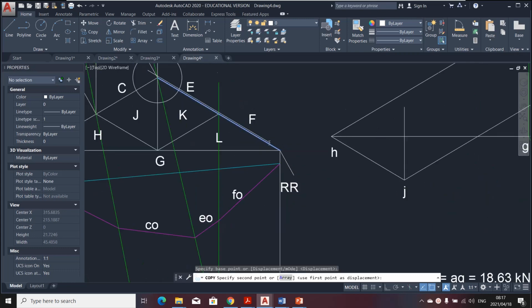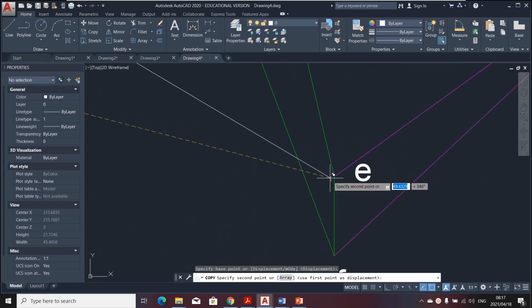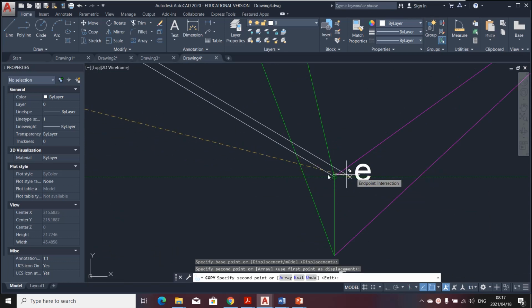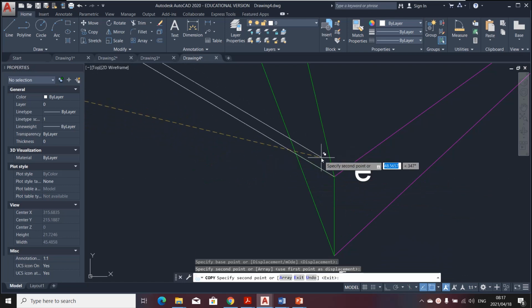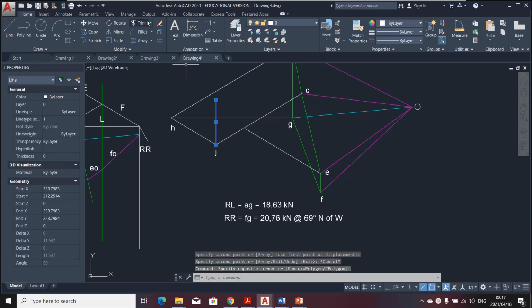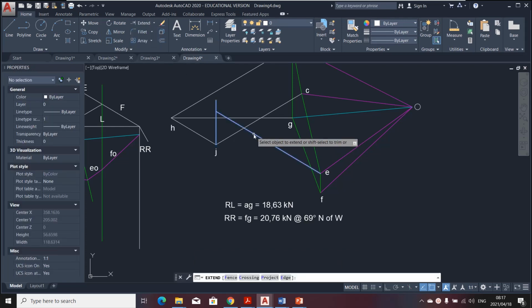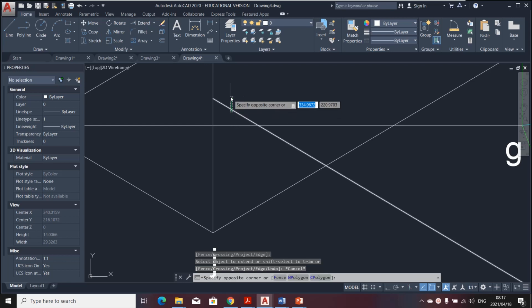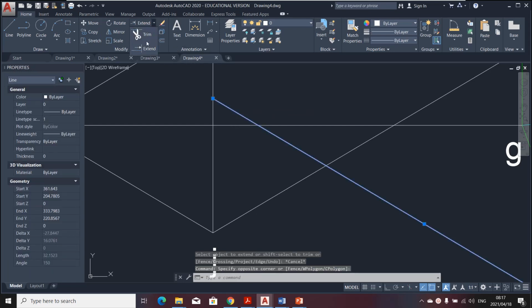I'm gonna take offset to E, or I can just draw a horizontal line here at E, and then measure 30 degrees. All right. So where they meet, they must meet somewhere here. Let me extend this line. All right, now can you see they're meeting at that point?